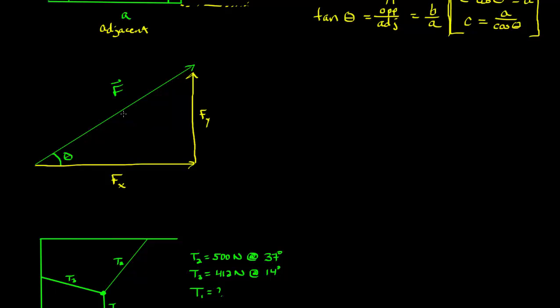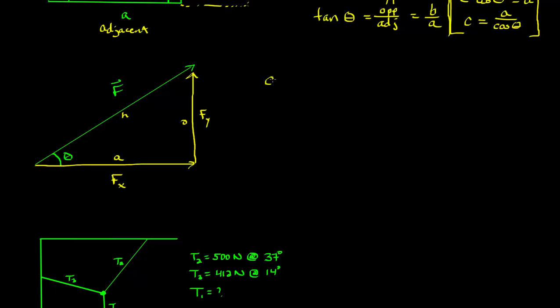So I'm going to throw on some things. This is the hypotenuse. My angle's here, so this is the opposite. This one is next to it, so it's the adjacent. And then I want to relate these, not this way. We don't do x and y. I don't know either of these. I know this one. So for F in the x direction, since it's adjacent and hypotenuse, that's my cosine function.